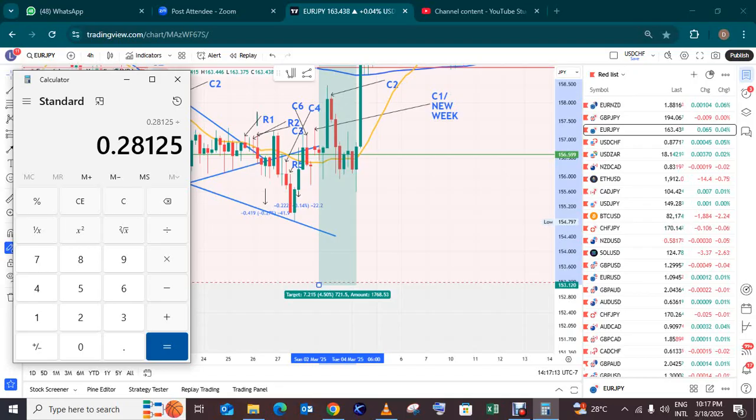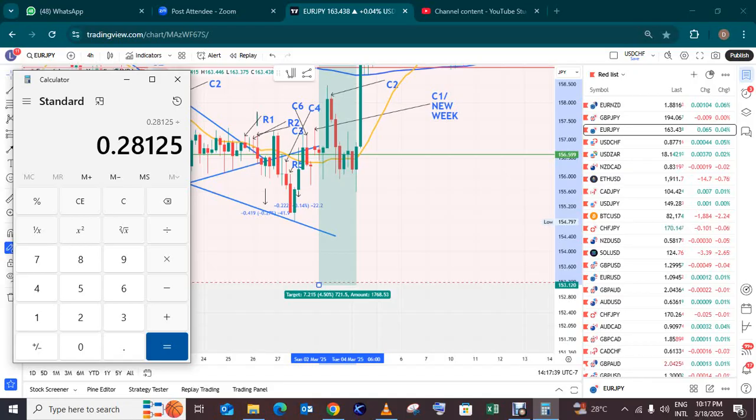So the 0.28 will be our TP2, while dividing the 0.28 once more gives 0.14. 0.14 plus 0.14 is 0.28. So 0.14 is going to be your TP1, while 0.28 is going to be your TP2. I want us to focus on TP1 and TP2. At least that's the most important thing you should look at.